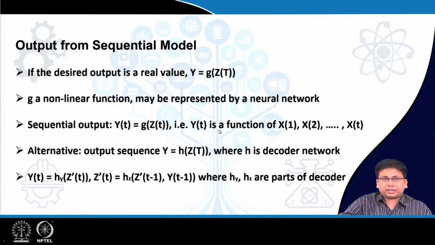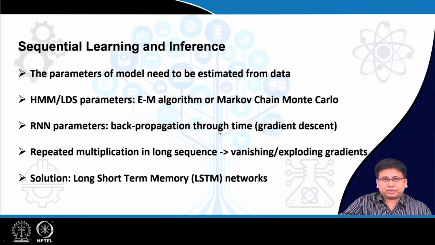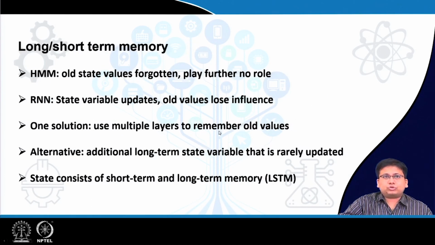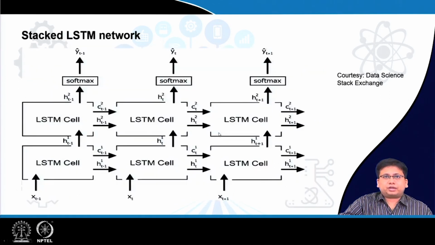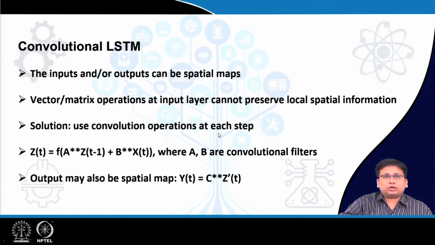But in the special case where these inputs x are spatial maps, doing the usual vector or matrix multiplication may not be very useful, because it won't be able to preserve the local spatial information present in that kind of spatial data.